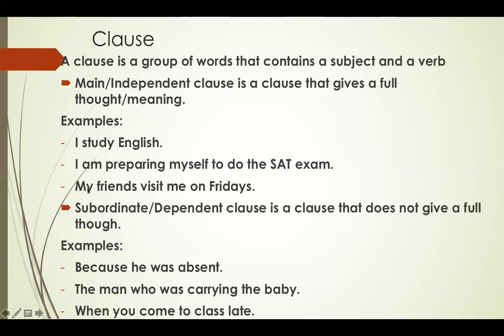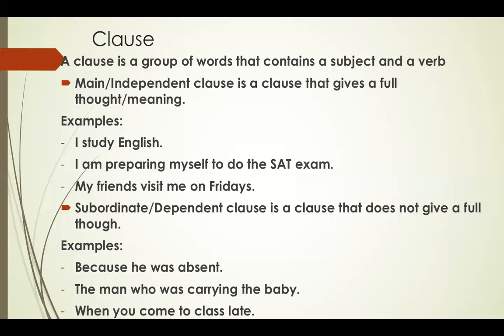Look at these three examples. I study English. It gives information. You know something. Study is the verb. I'm preparing myself to do the SAT exam or the IELTS or the TOEFL exam. So am preparing is the verb here, present continuous, regardless of the tense.